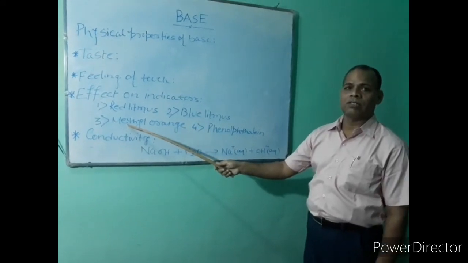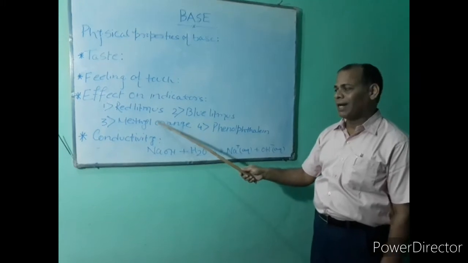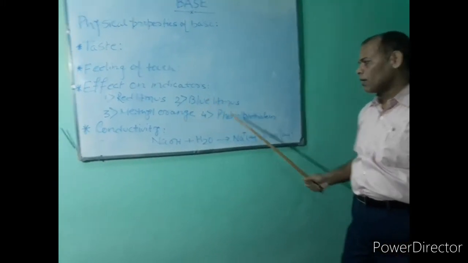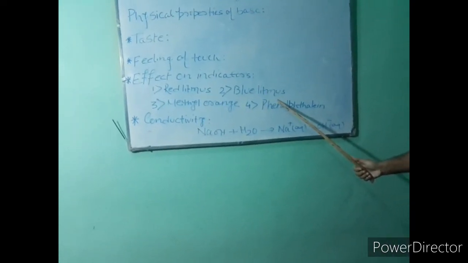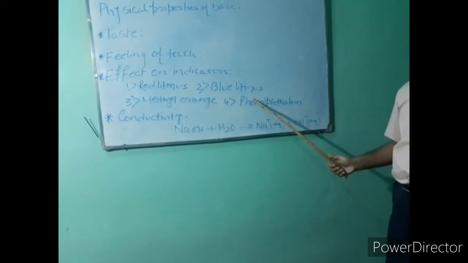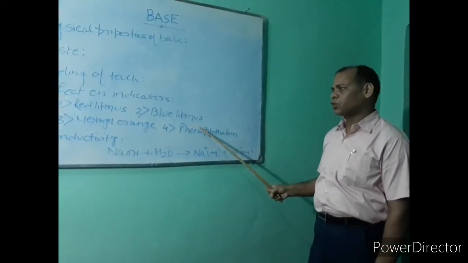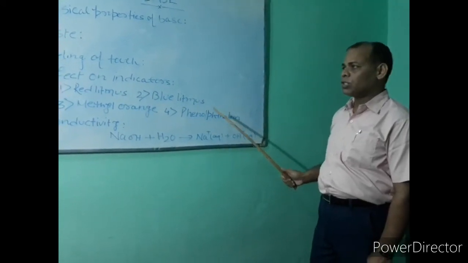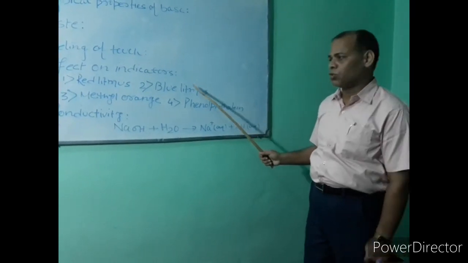In a basic solution, methyl orange turns yellow. Colorless phenolphthalein turns pink. So this is about the effect on indicators in a basic solution.